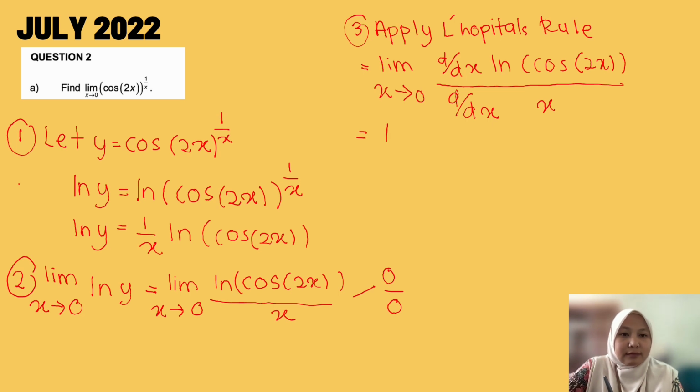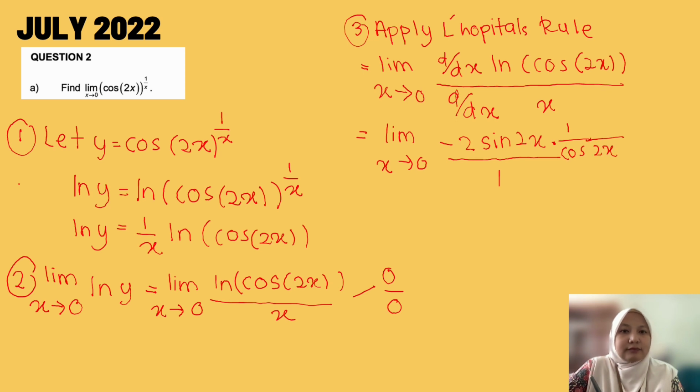So differentiate, we will get negative 2 sine 2x for the numerator and we get 1 for the denominator. This one we need to multiply by negative 2 sine 2x because we need to differentiate inside of the natural log, so we will get 1 over cos 2x.